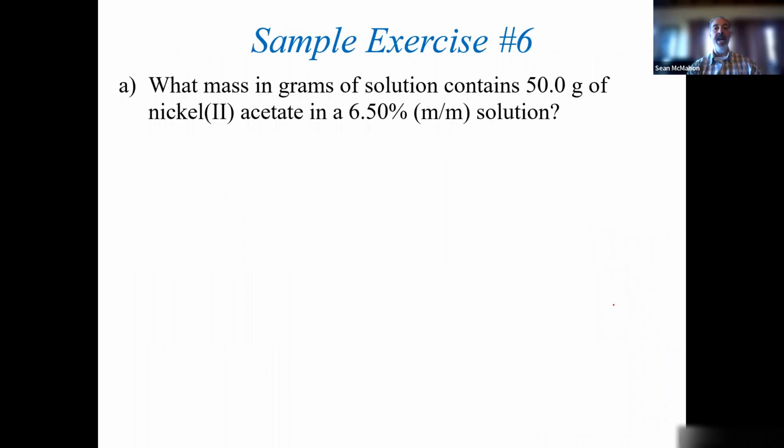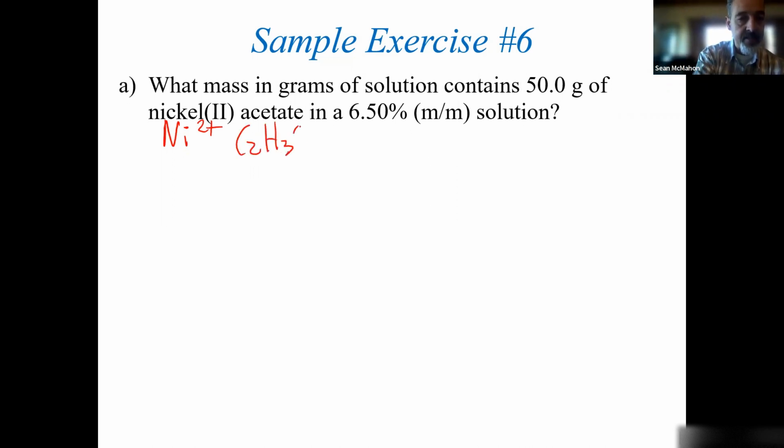So what mass in grams of solution contains 50 grams of nickel(II) acetate in a 6.5% mass to mass solution? So nickel(II), a transition metal, we need to have the Stock system Roman numeral to say the charge.